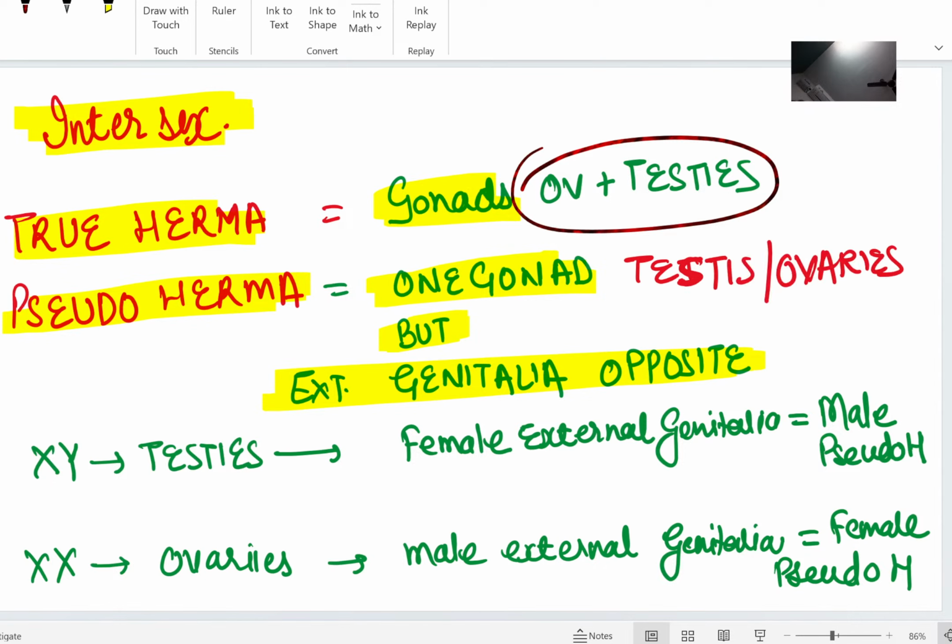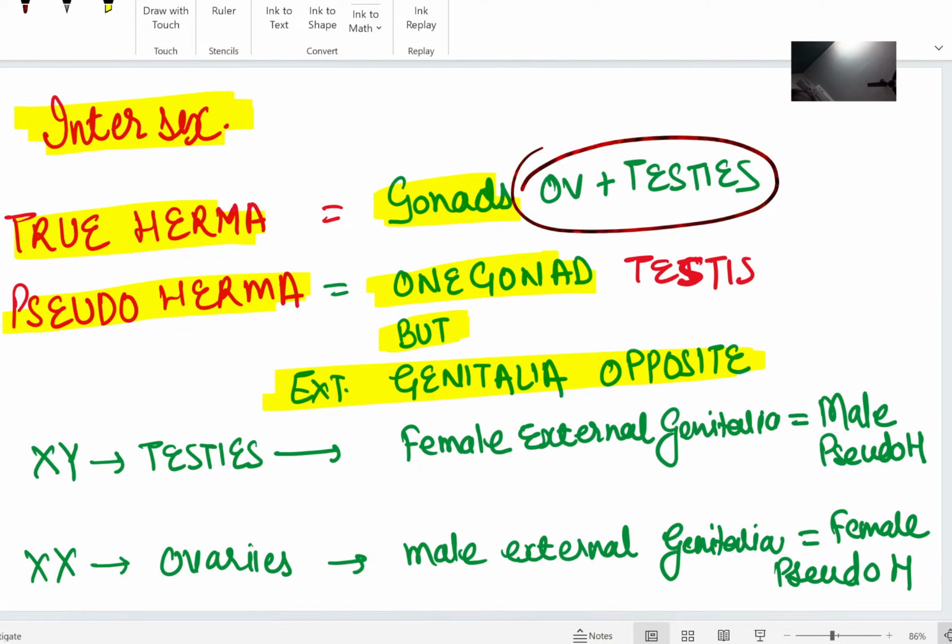Okay, one type. Yes, very good, Dr. Sabri. Either the gonad was testes or ovaries, only one type. Two types of gonadal tissue are not present. Okay, is it okay?